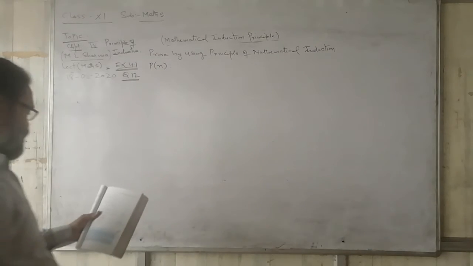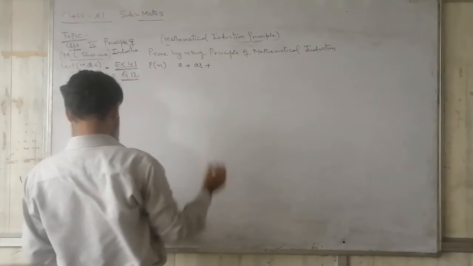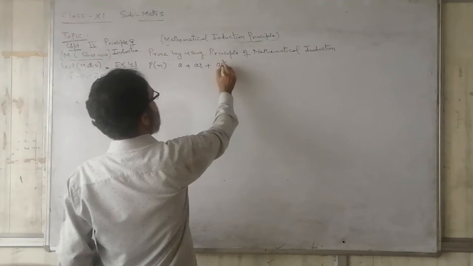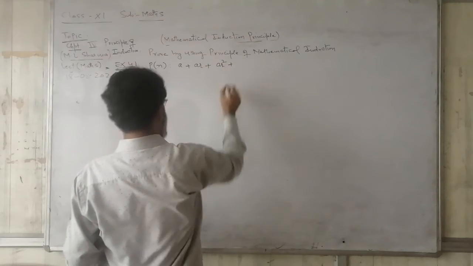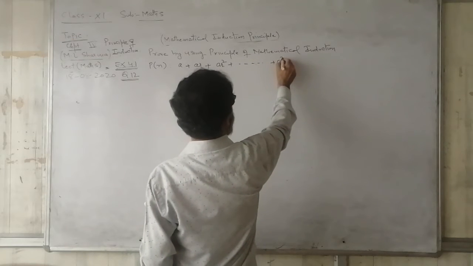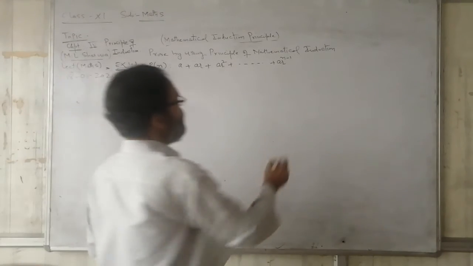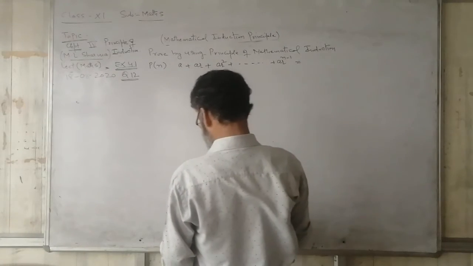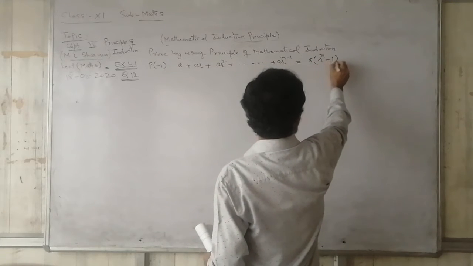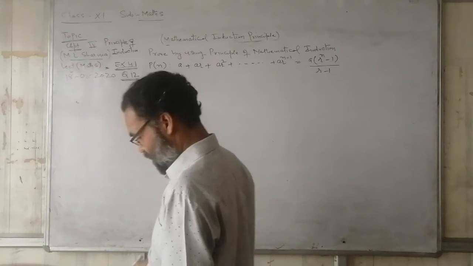The statement is written as A plus AR plus AR square plus so on, and the last term is AR raised to power n minus 1, and this is equal to A(R^n minus 1) upon R minus 1.